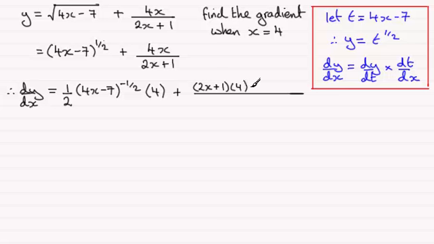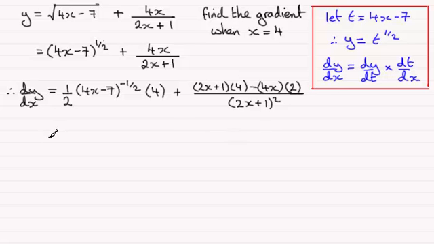And then from this we subtract the numerator, 4x, the top of the fraction, and multiply it with the differential of the denominator. Differentiating 2x plus 1 with respect to x just gives us 2. And it's all over the denominator squared. Okay, so that's the quotient rule, which you should be familiar with.